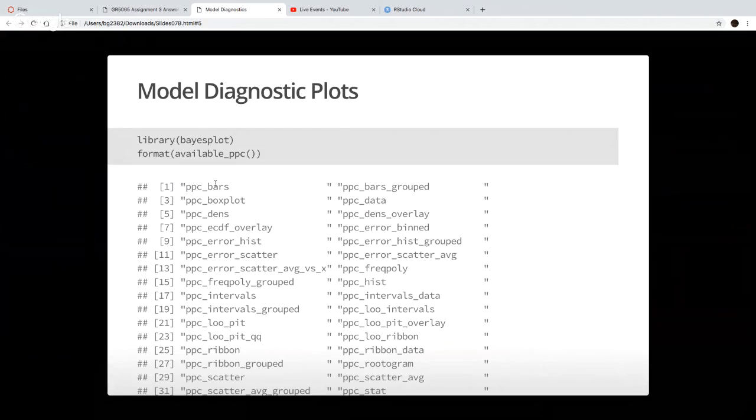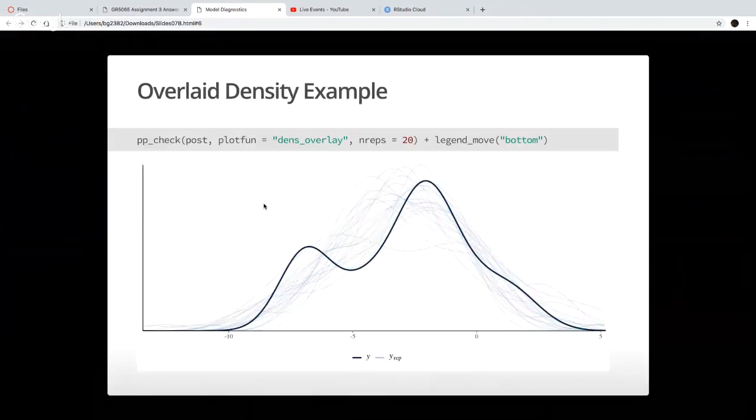These ones for bars and stuff only pertain to outcomes that are discrete, whereas this outcome was continuous, but we have different ways of visualizing the posterior predictive distribution when the outcome is discrete versus when it is continuous. So we'll look at some of the continuous ones today. Again, going through these pretty quickly because once you've seen one, it's fairly easy to figure out how to make the rest of them.